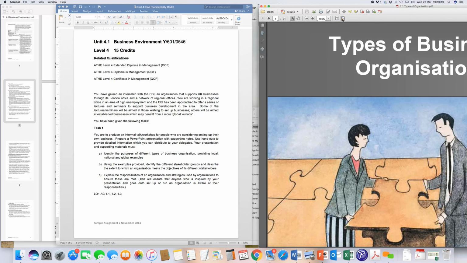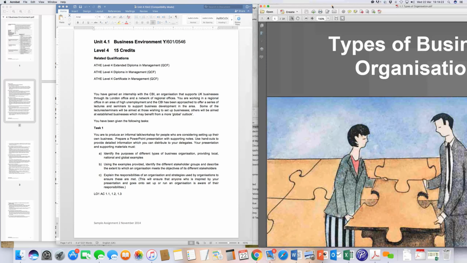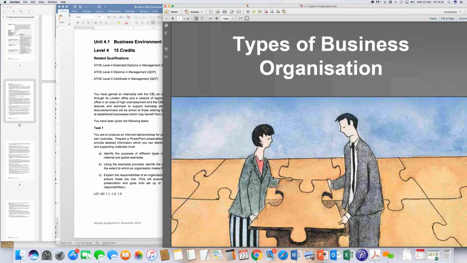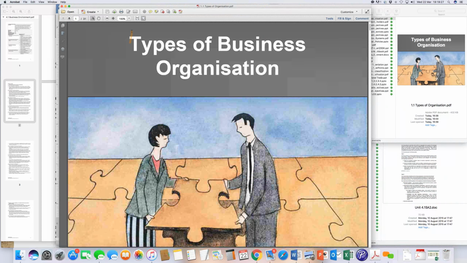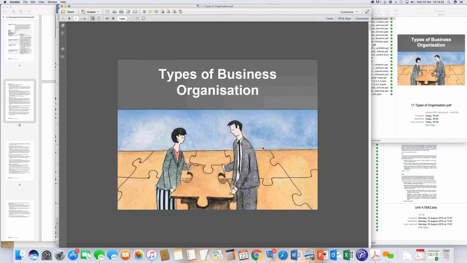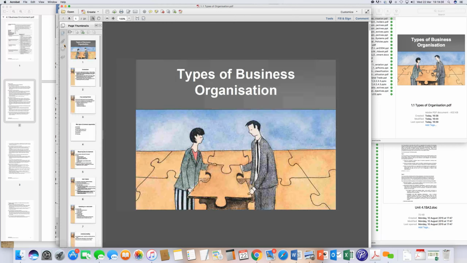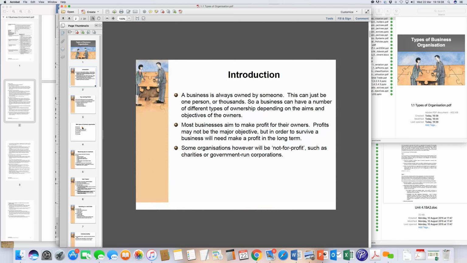So the handout which I've sent you for this particular task is already a PowerPoint presentation. This will give you a clue that you have to produce something similar for this activity to be able to meet the criteria.